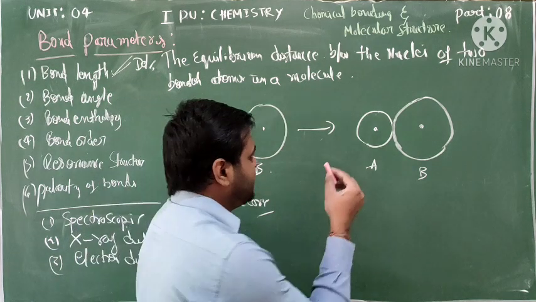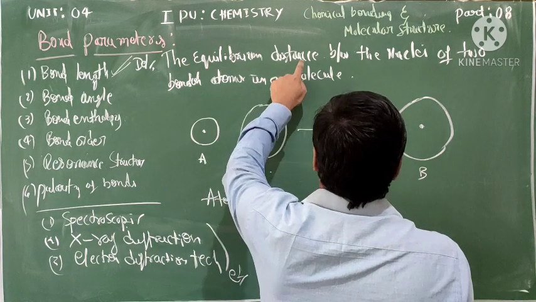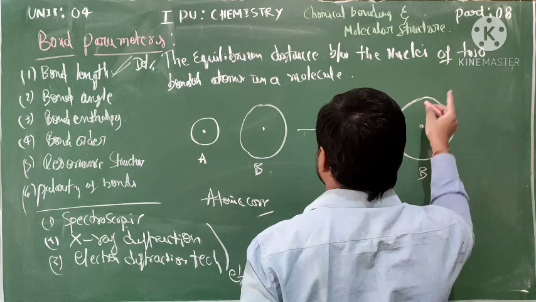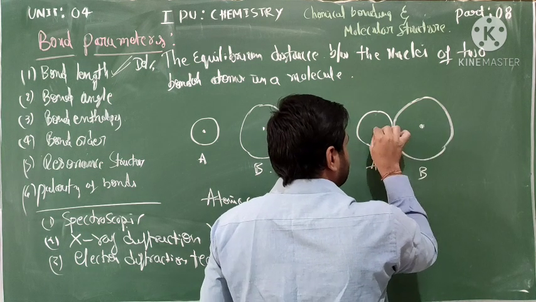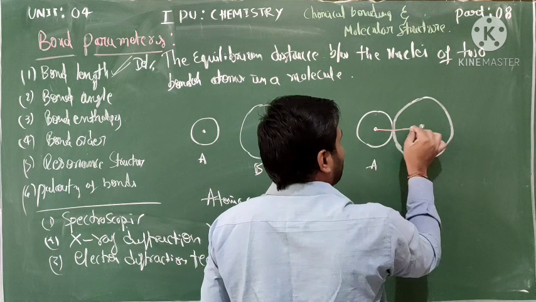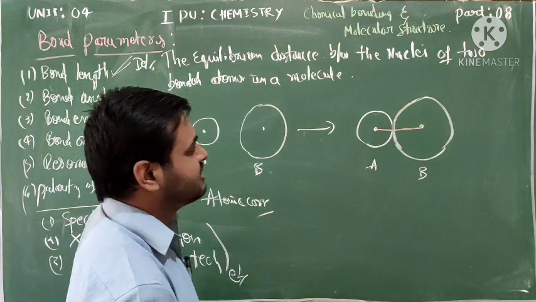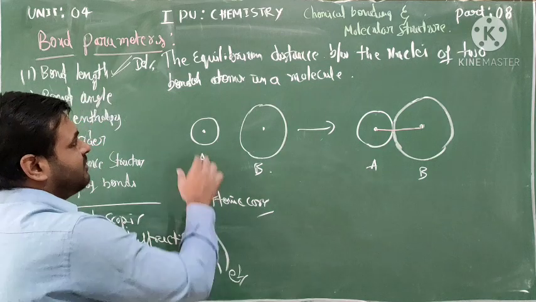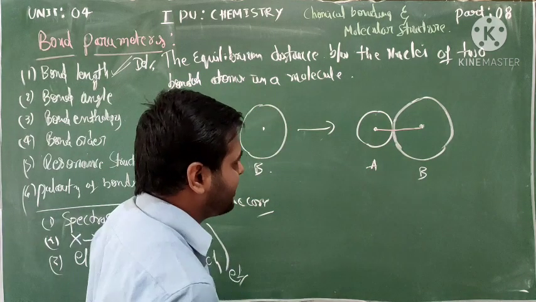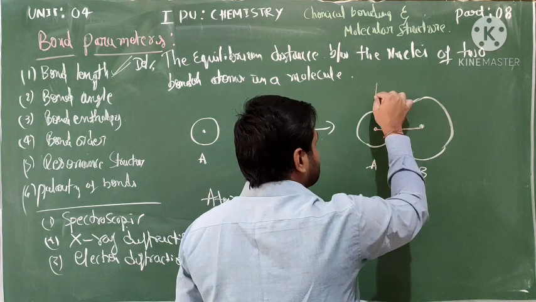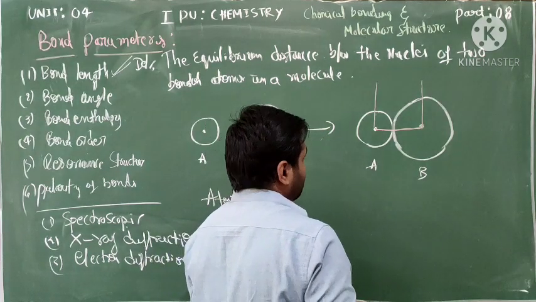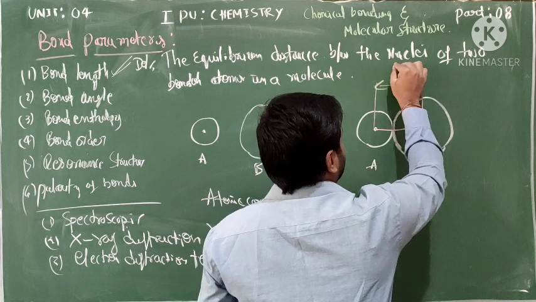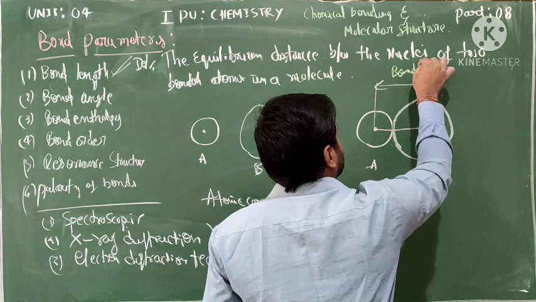In this, the equilibrium distance between the nuclei of two atoms is measured. This is the nucleus of this atom, and this is the nucleus of that atom. The equilibrium distance between the two nuclei of these bonded atoms in a molecule is called bond length.